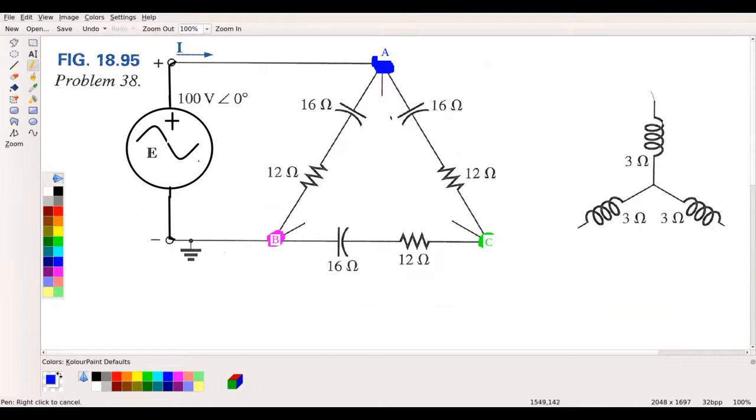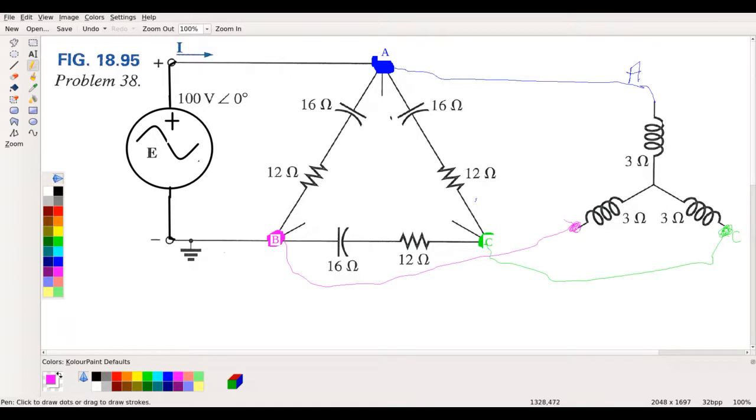This is point A here, so A is connected up here, and this is point C over here, so point C is connected, and point B is connected over here.